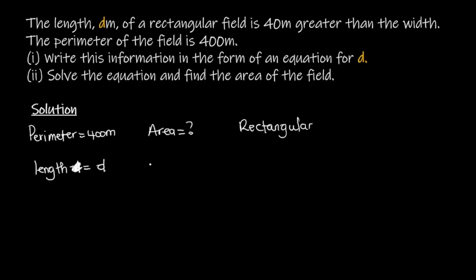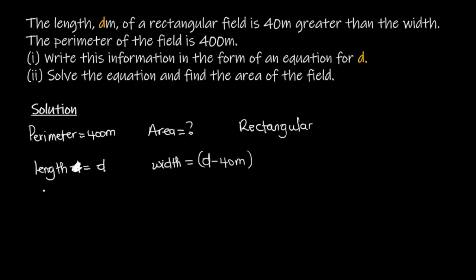The width of the rectangular field, because the length is greater than the width by 40 meters, means that to get the width we have to subtract 40 from the length. So the width is d minus 40. We already have the perimeter, and we don't know what the length and the width are, so until we find that, we can't solve for the area.